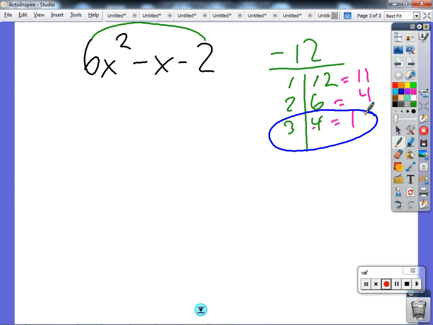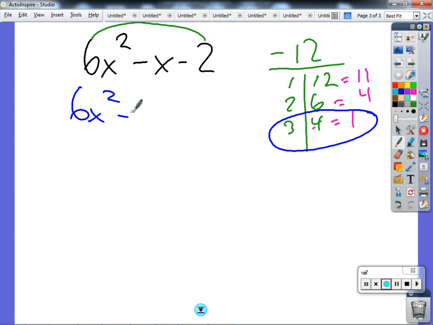So watch what I do now. I keep my first term, 6x squared. Now what I'm going to do here is change, how do I want to say this? I want to change the way it looks, but not the value of the expression. Okay, and as soon as I write it, I think you'll understand what I mean. So, how do I get to negative x? Is that negative 4 plus 3, or is that 4 minus 3?